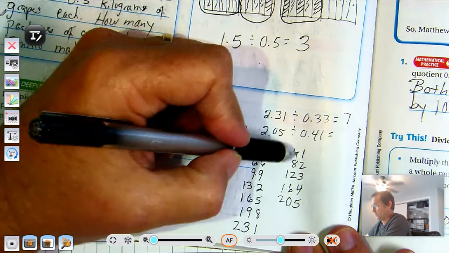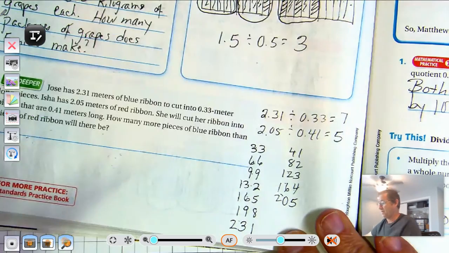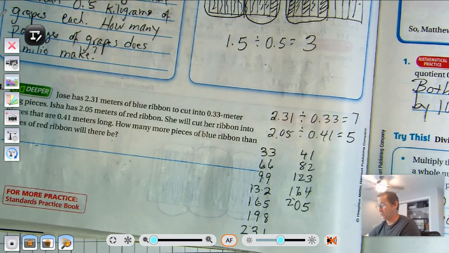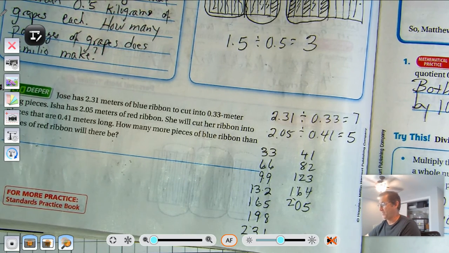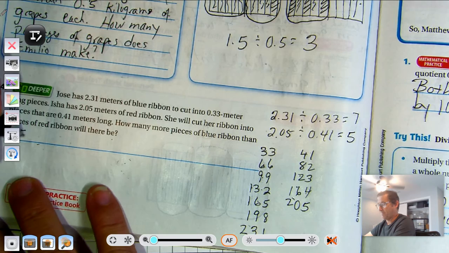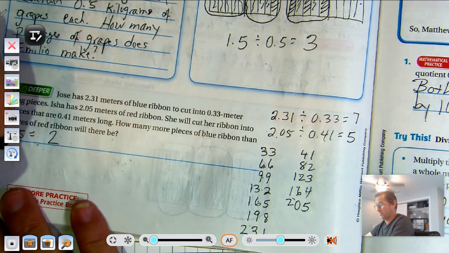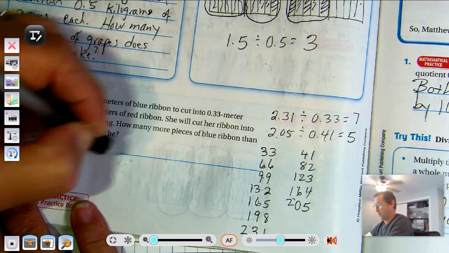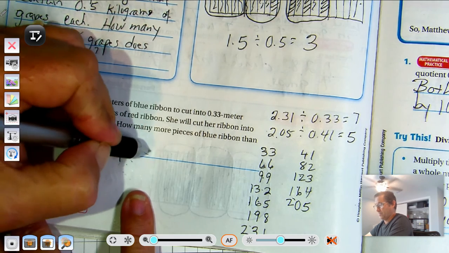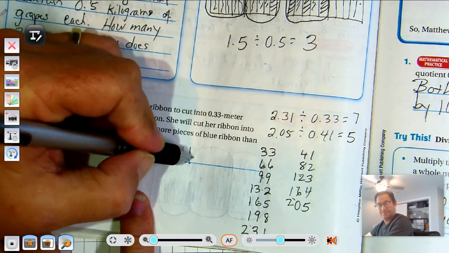All right, so 1, 2, 3, 4, 5. So how many more pieces of blue ribbon than pieces of red will there be? Well, 7 take away 5 equals 2. 2 more pieces of blue ribbon.